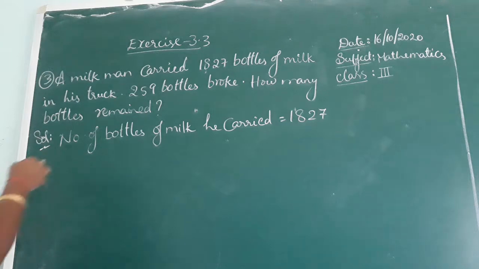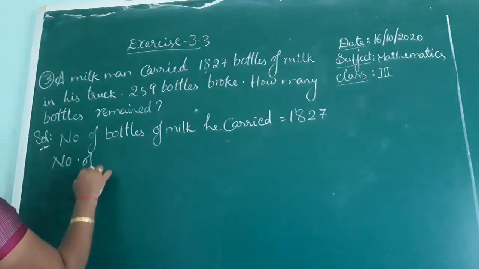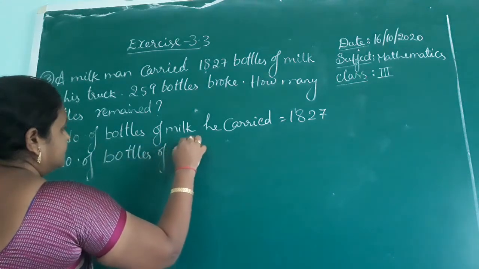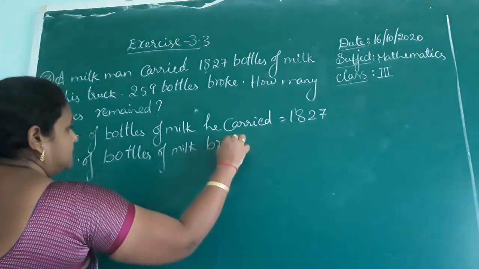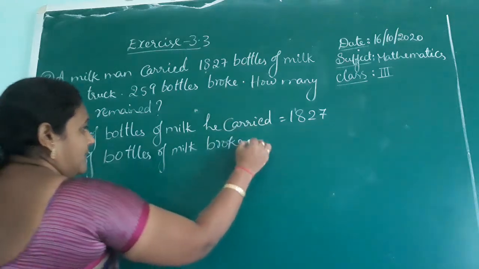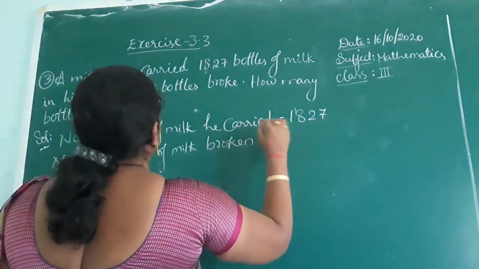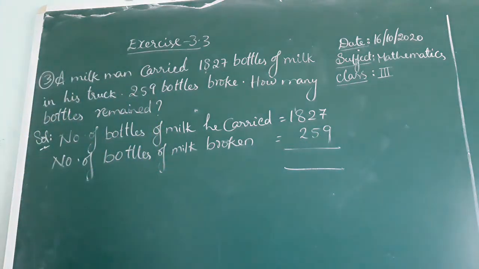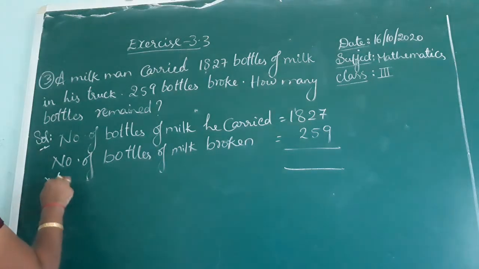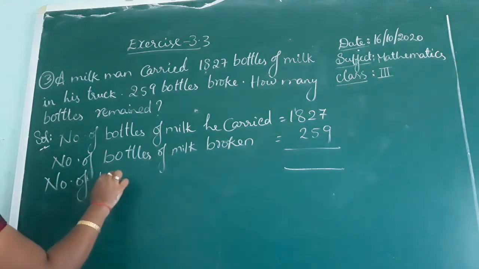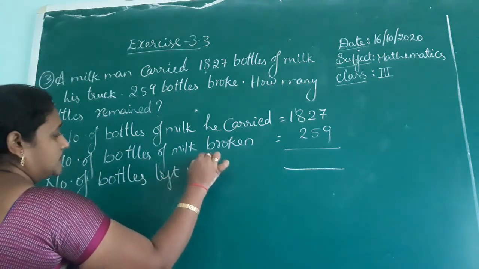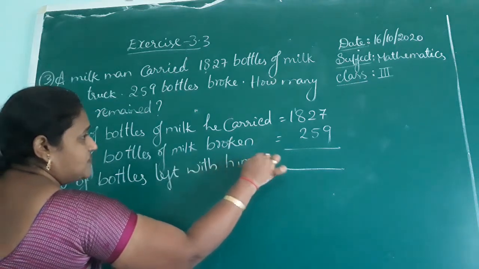Now, how many were broken? Totally 259 bottles were broken. They are asking how many bottles remain, how many bottles are left with him. How many bottles were left with him, children?